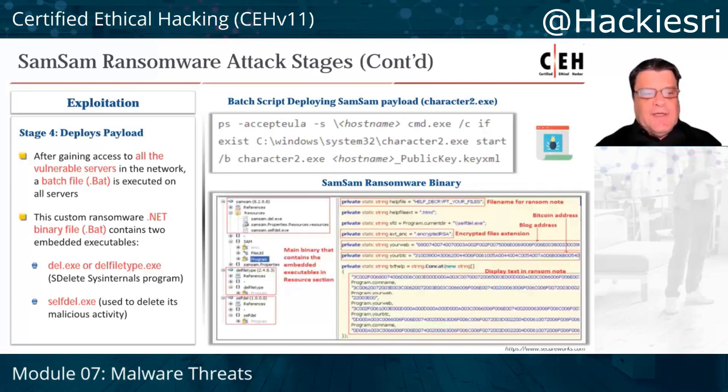One is del.exe, which is the Sysinternals sdelete program. And secondly, selfdel.exe, used to delete its malicious activity. On the upper right, we see a caption of this batch script deploying the SamSam payload, and on the lower right, we see the SamSam ransomware binary.